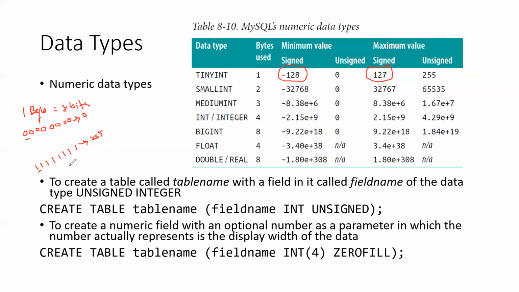So what is the value in two's complement when we have all ones? Yes, when you have all ones, what is the value?